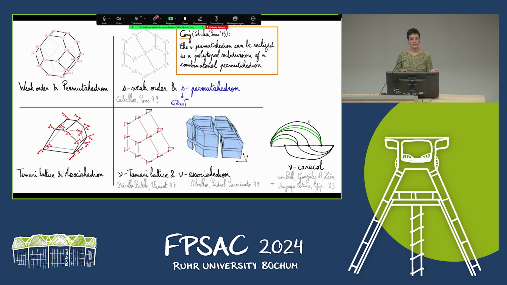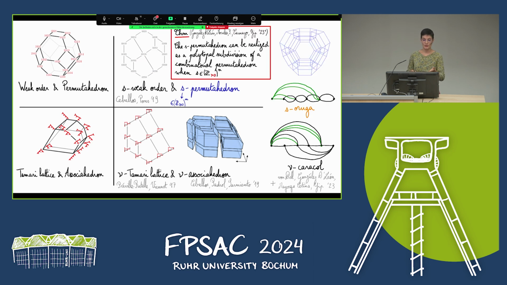They conjecture that, again, the Hasse diagram of the s-weak order could be realized as the edge graph of a polytopal complex that would even be a polytopal subdivision of a permutahedron. They also gave the combinatorial definition of what would be the higher dimensional faces of this object, the s-permutahedron.